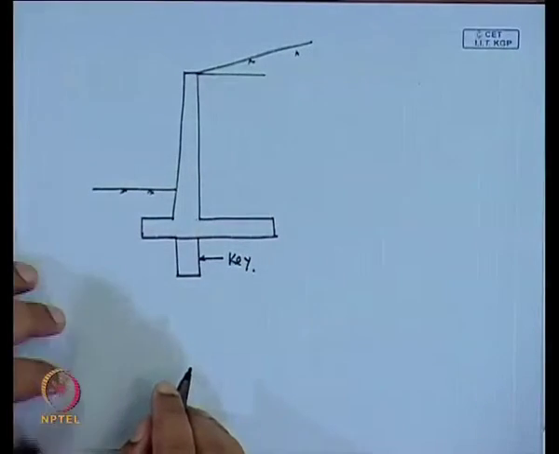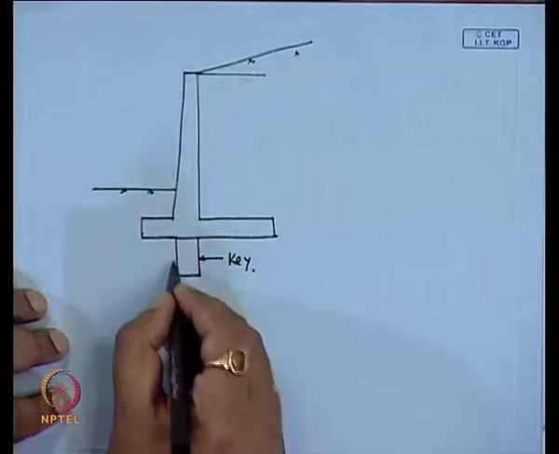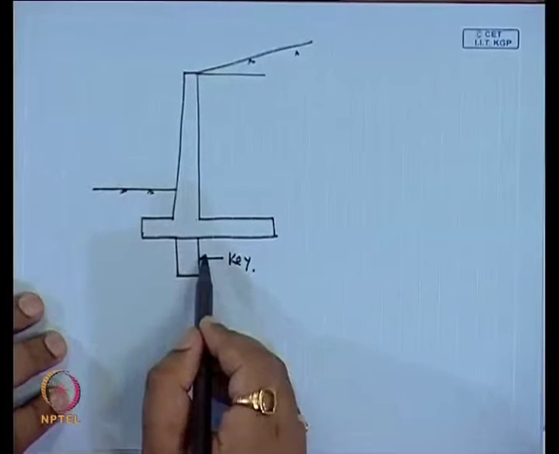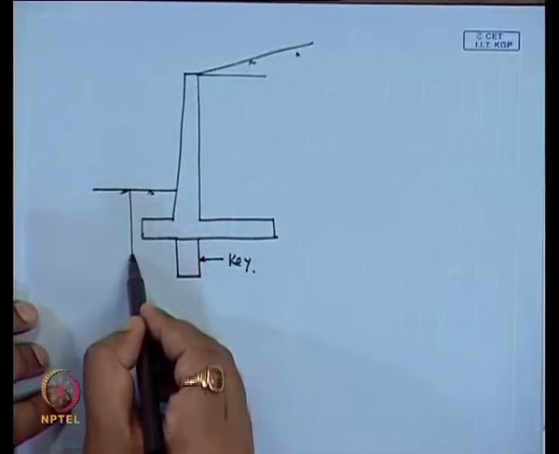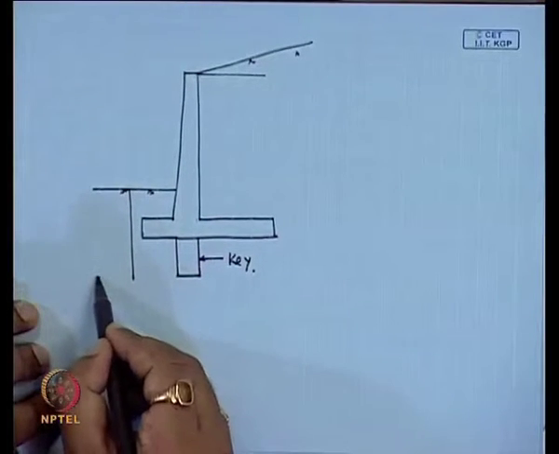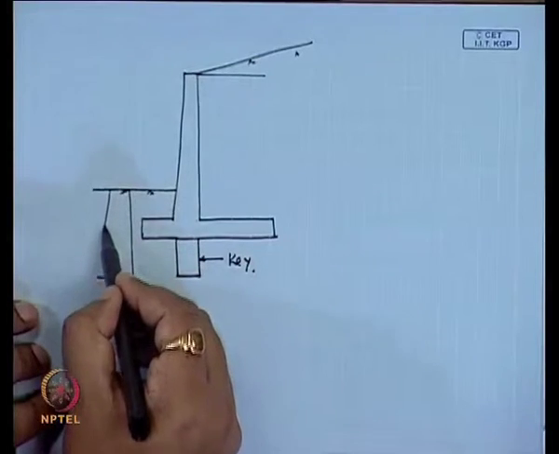The idea of this key is that it will give additional resistance against the sliding. Another thing is that when you calculate the passive resistance, say P p, that passive resistance depth will also increase.